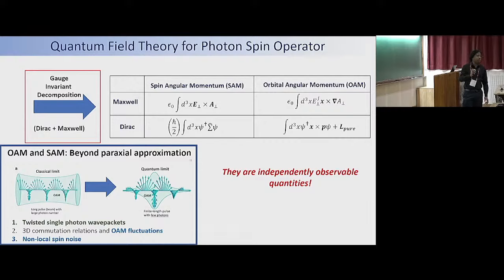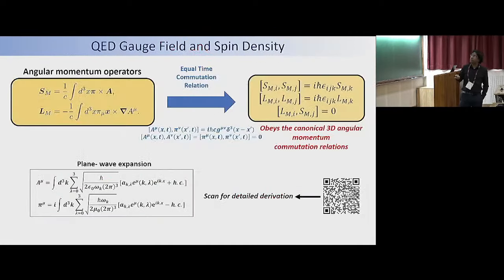Now, the commutation relationships are indeed modified based on these vectors right here. The one I showed you before, let's look at this one. This is actually for the gauge fields themselves. So for example, all these things are only quantum mechanical, right? Yes, exactly, there is nothing like a classical analog. I agree with you on that.